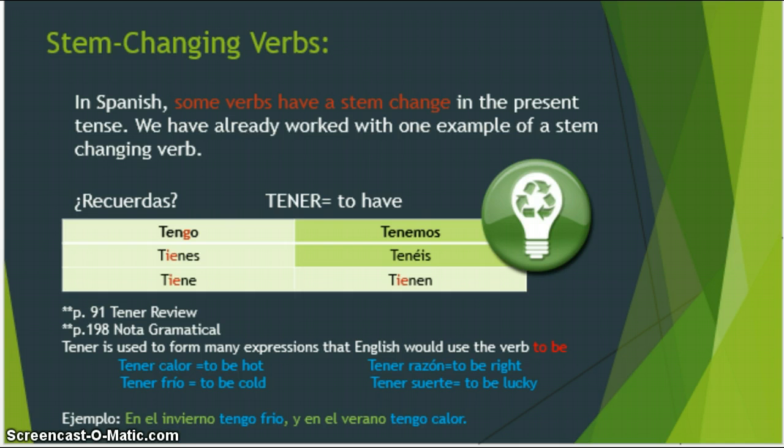An example of these is, en el invierno tengo frío y en el verano tengo calor. So in the winter, I am cold, and in the summer, I am hot. So careful with these. It's a little bit different because in English, I would say, I'm lucky, you are lucky. In Spanish, it's literally, I have luck. He has luck. We have luck. So I have to use it as a different expression.